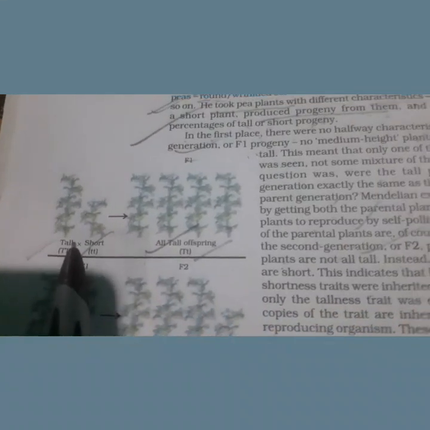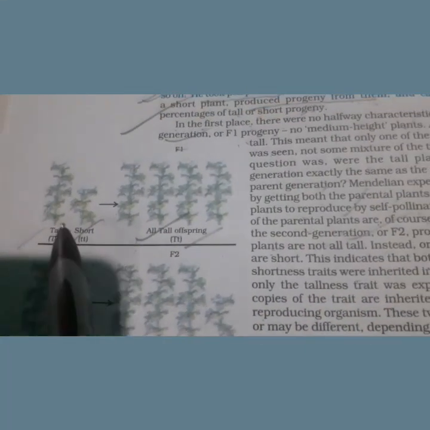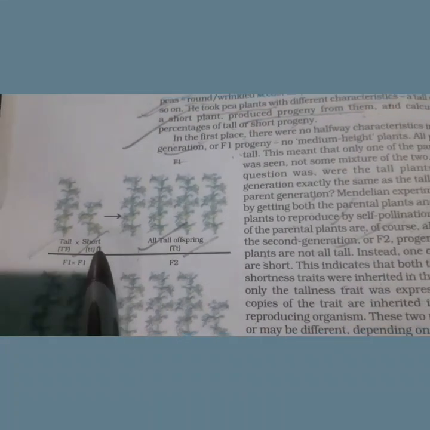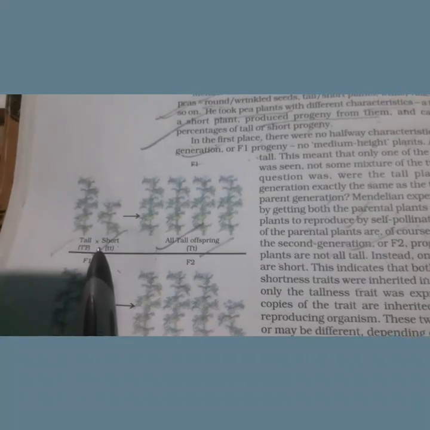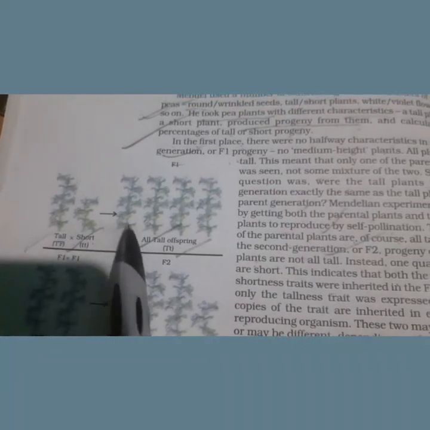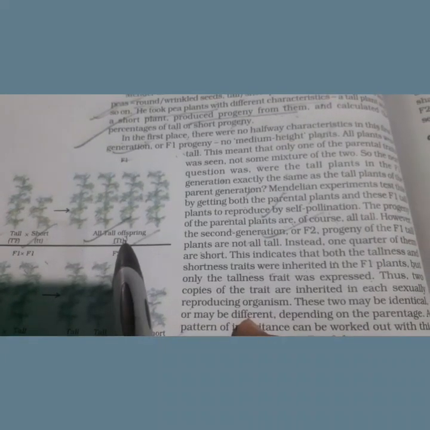So, you can see here tall and short, the first pair. He crossed the two, and in the F1 generation, all the plants are tall, you can see, but the traits appear as capital T and small t.